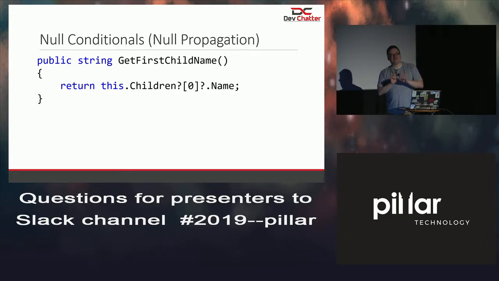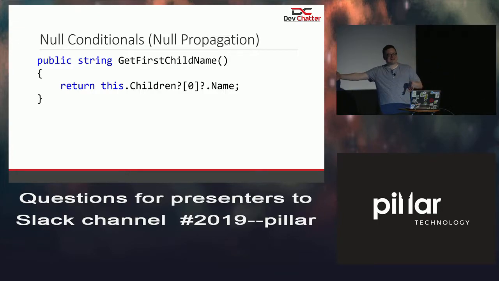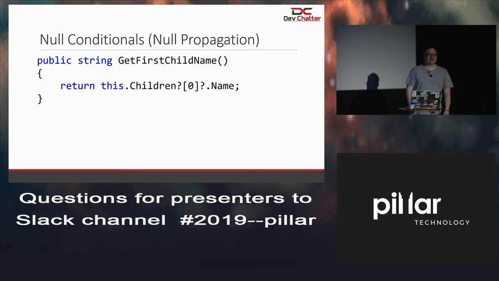So if the array has a null value, we're safe. Because we said if the value at point 0 is null, propagate that onto the name. But we can still have an index out of bounds exception on this. So I do want to warn people about this. This isn't total safety, but that is still pretty nice to be able to do.